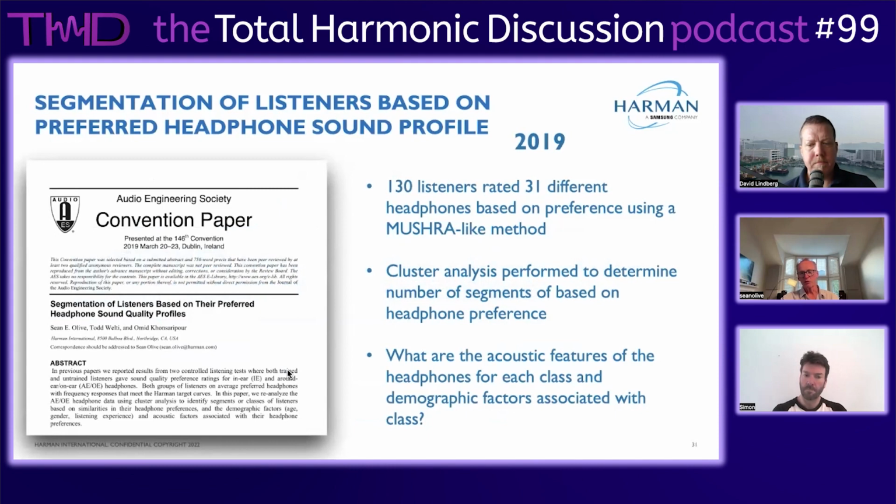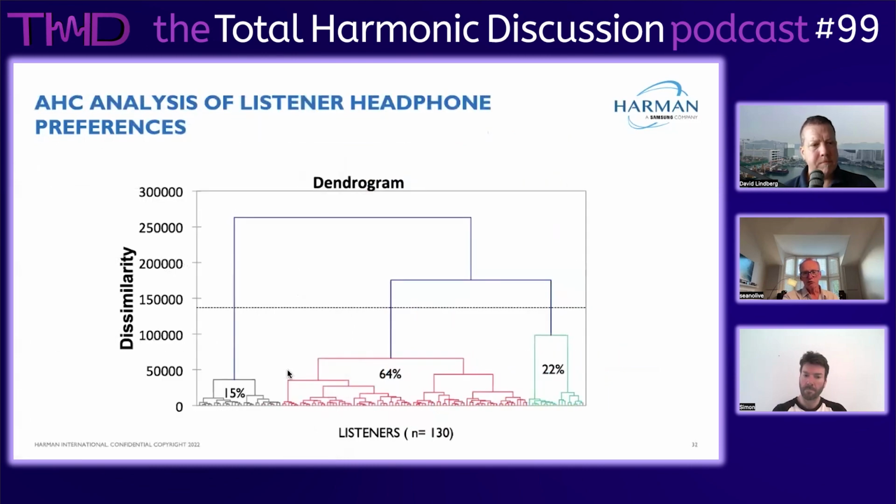And could there be any demographic factors associated with what they like? If we looked at these 31 headphones and how they rated them, we found that there were basically three segments, and the largest one was 64% of the listeners, the next largest one was 22%, and then we had a small segment of 15%, and this is all based on what headphones they tend to prefer.